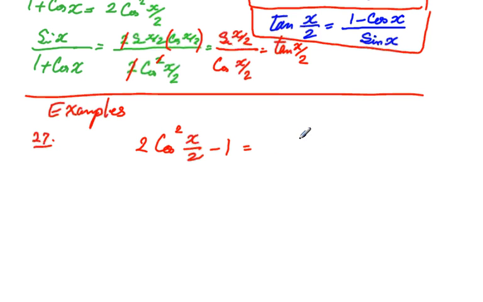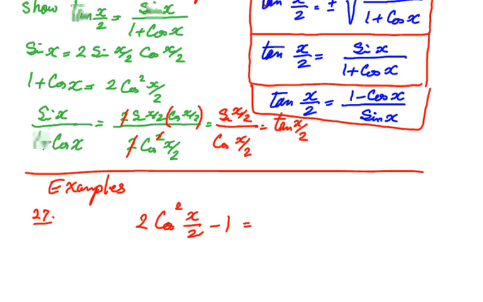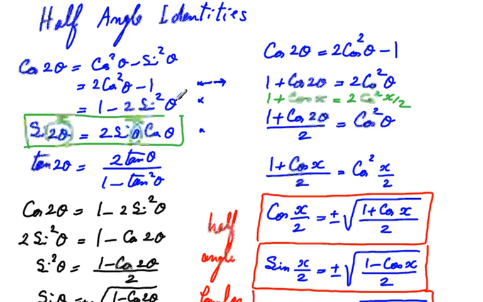What is your guess here? Which one of our formulas does it resemble? What was this? You see, two cosine square of something minus 1 has to remind you of cosine of a double of that guy.